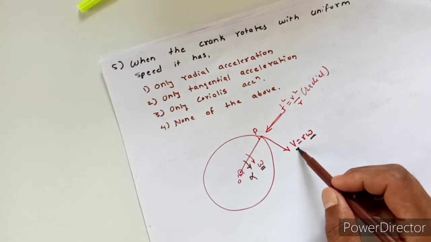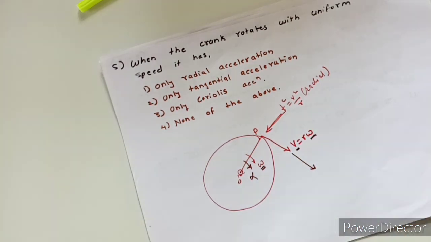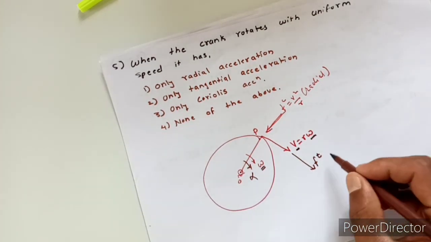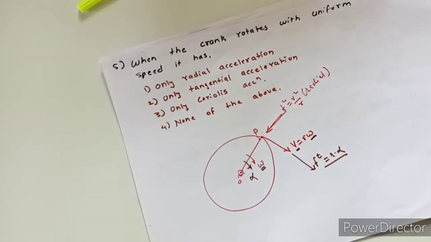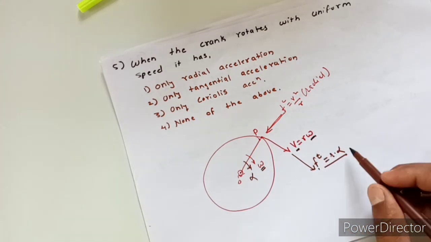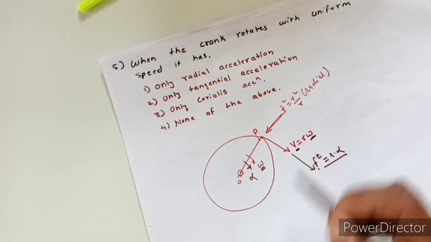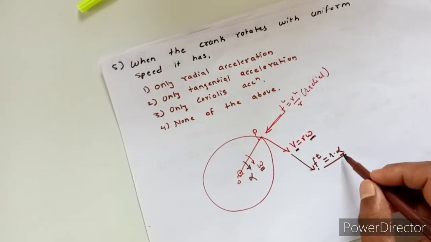To account for the change in the magnitude of v, there will be one more component of acceleration, which is called the tangential component, the magnitude of which is equal to ft equals r into alpha, and this accounts for the change in omega or change in v, or when the link rotates with non-uniform speed, there is some acceleration or retardation alpha.